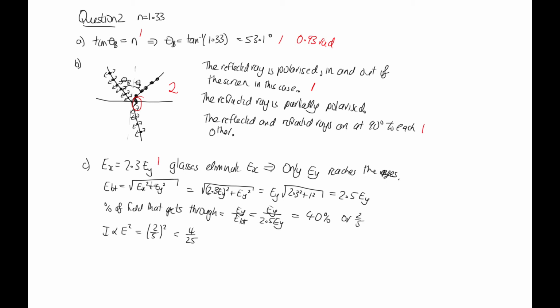You also get a mark for calculating the total electric field, and then you get a mark for calculating the proportion of the electric field that gets through, and then another final mark for calculating the percentage of the intensity rather than the electric field that gets through. So part C is out of 4 marks. So in total, question 2 is out of 4 plus 4 plus 2, which is 10 marks.